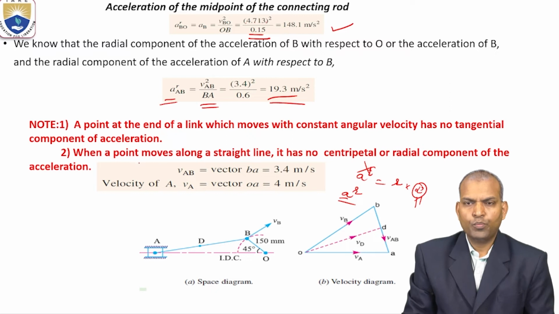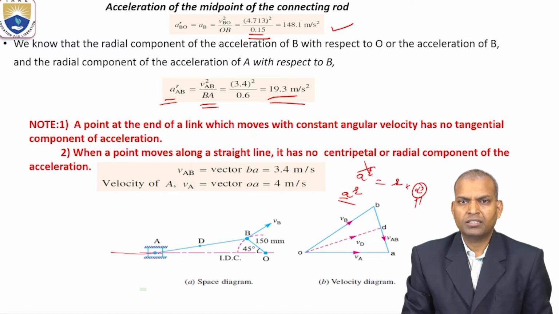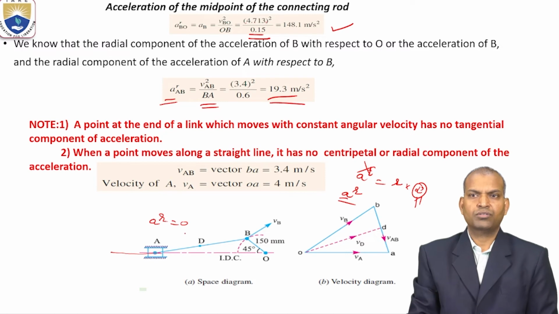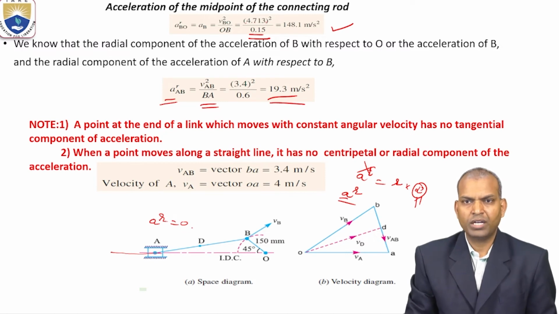Next, suppose the slider A is moving linearly, along a straight line. Then what about the radial component? The radial component is 0, that means AR, the radial acceleration, is 0. Then what type of acceleration?